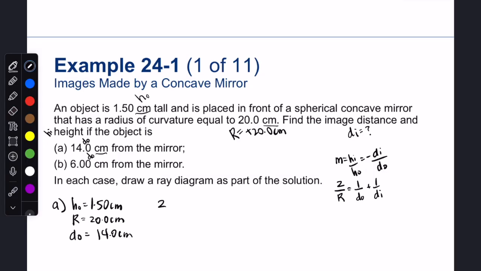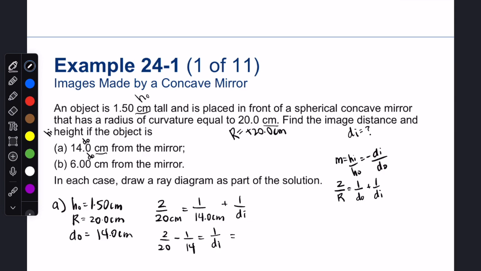So 2 over 20 is equal to 1 over DO, which is 1 over 14, plus our unknown. So we can solve for DI. 2 over 20 minus 1 over 14 will give us 1 over DI.